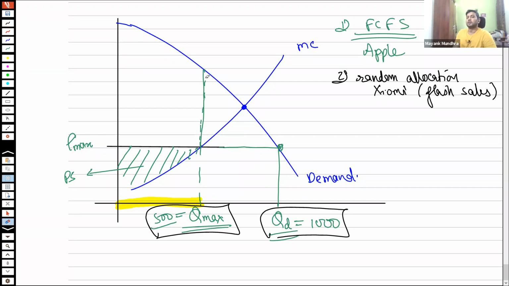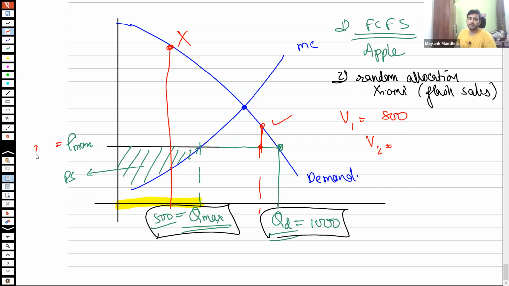Okay. But the game doesn't stop here. Now suppose somebody who has a very low valuation for this product gets it, and somebody who has a very high valuation doesn't get it. So this guy doesn't get it, whereas this guy gets it. Suppose the valuation for person one is, let's say, 800, whereas the valuation for person two is lower.